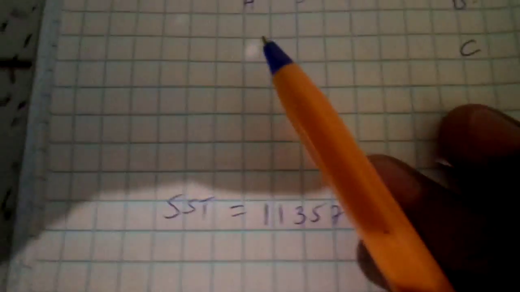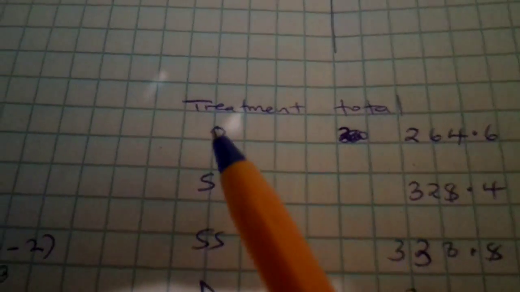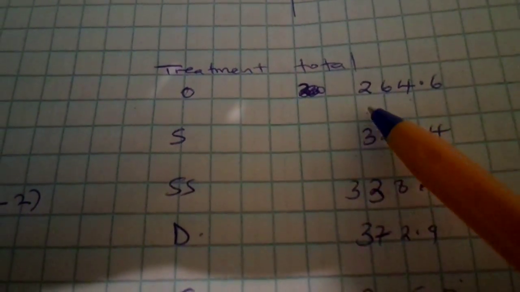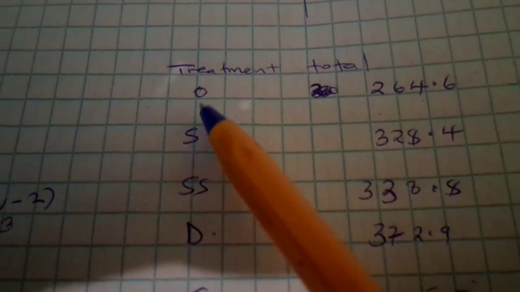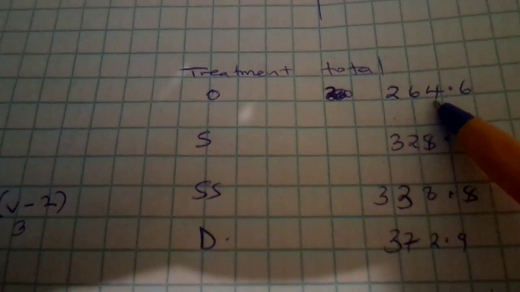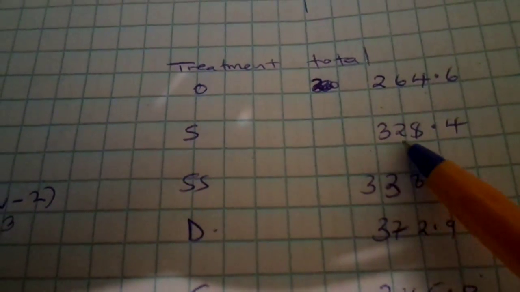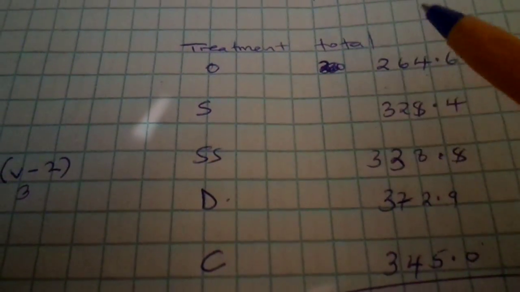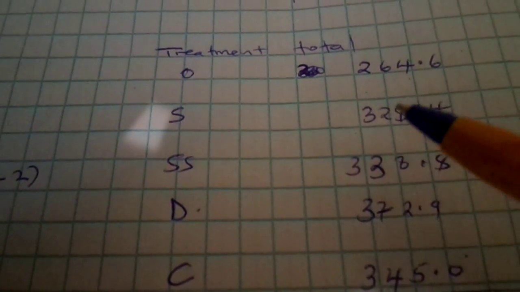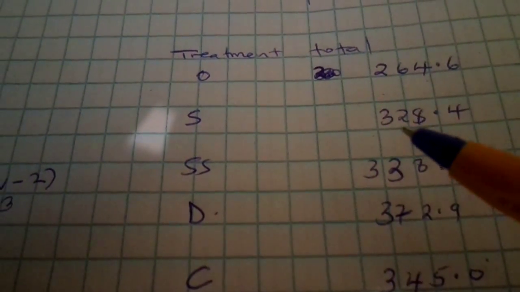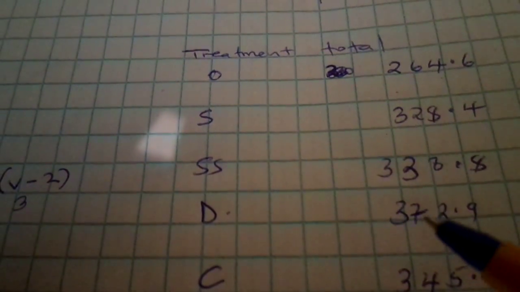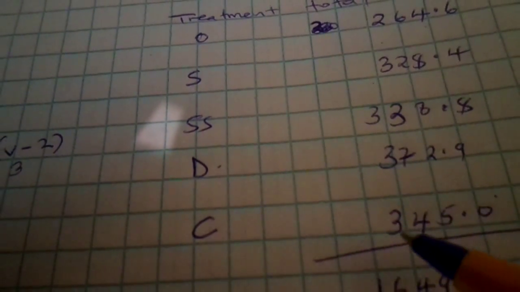Treatment sum of squares here is the total of the squares of all the total observations under treatment, which is for this one we square 264.6 plus 328.6, 338.6, plus you square all these, 364.6, plus 328.4 squared, plus 338 squared, plus 372.9 squared, plus 345 squared.